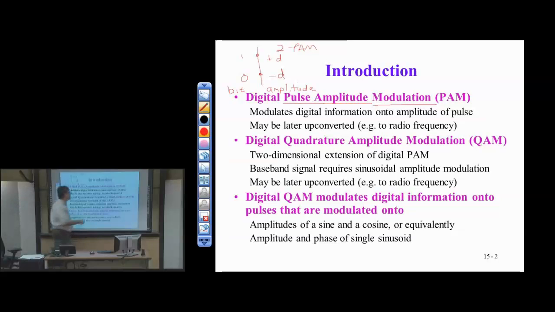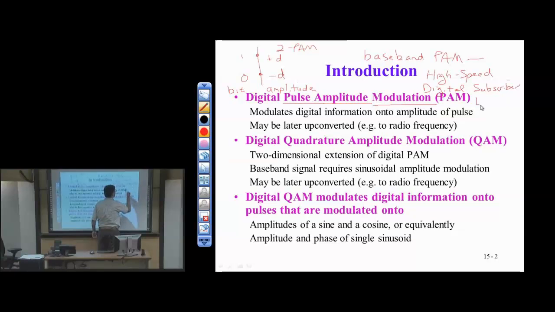An example of baseband PAM that's actually used in practice, as I've mentioned before, is the high-speed DSL standard version 2. DSL has different definitions: digital subscriber loop, digital subscriber line. I've seen different expansions of that acronym.